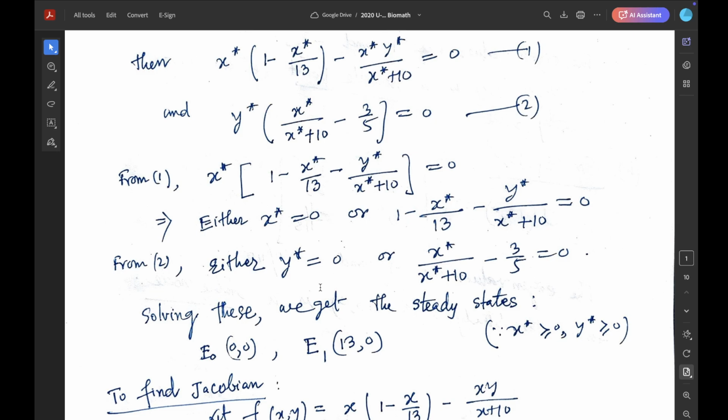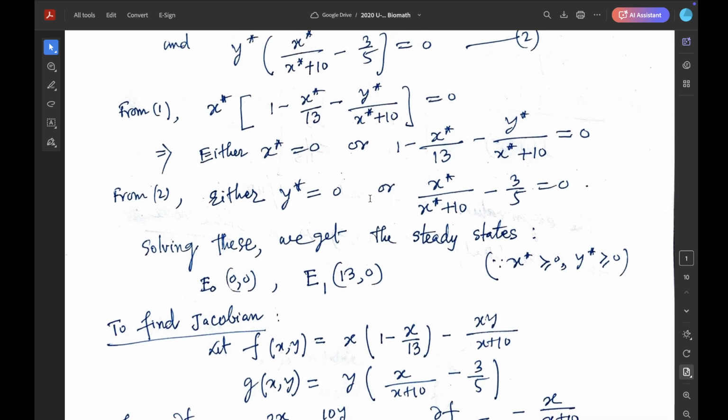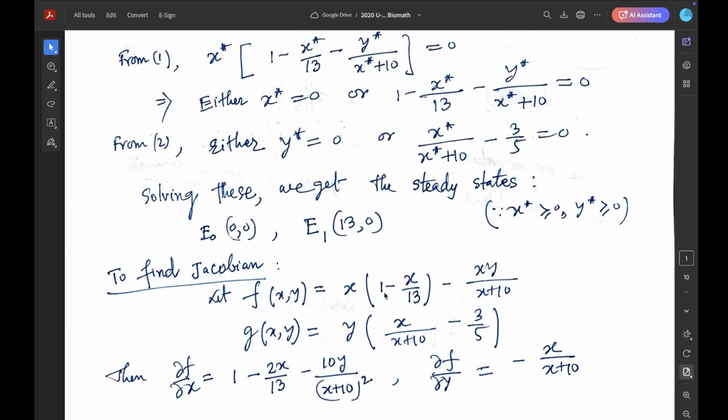And when solving from the second equation, x star equal to 13, and if we put x star equal to 13 here, we get y star equal to 0. So solving this, we get two steady states, E0 (0, 0) and E1 (13, 0).